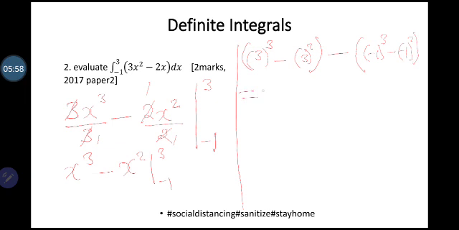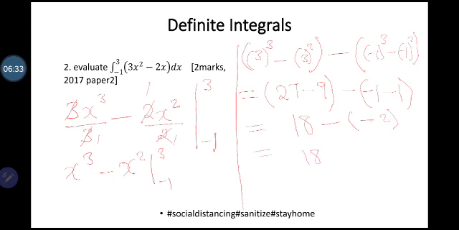This will give us 3 to the 3 is 27 minus 3 squared is 9, minus -1 to the 3 is -1 minus 1, and this will give us 18 minus -2.